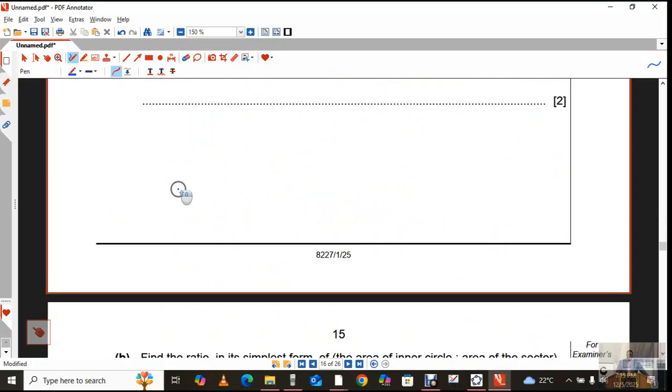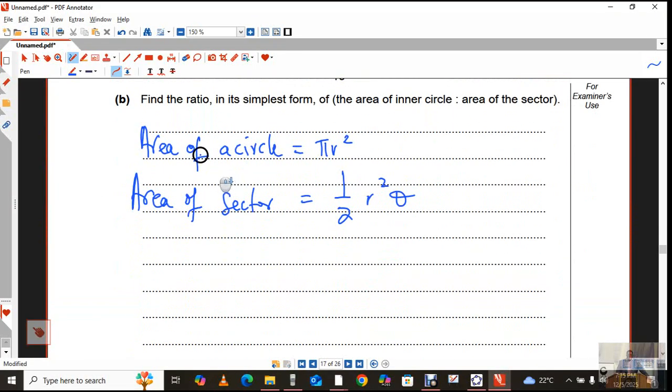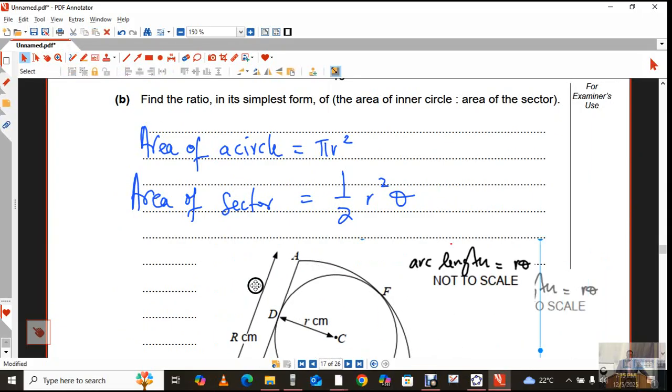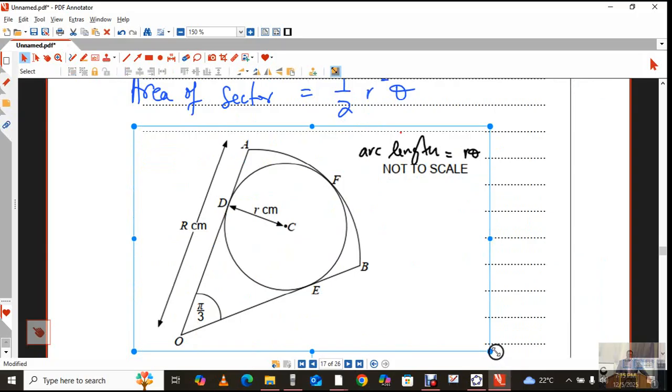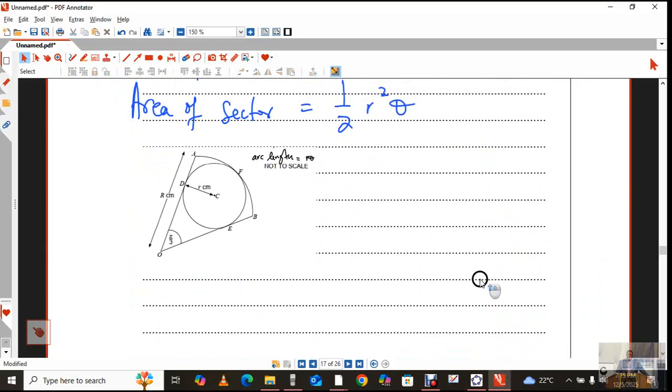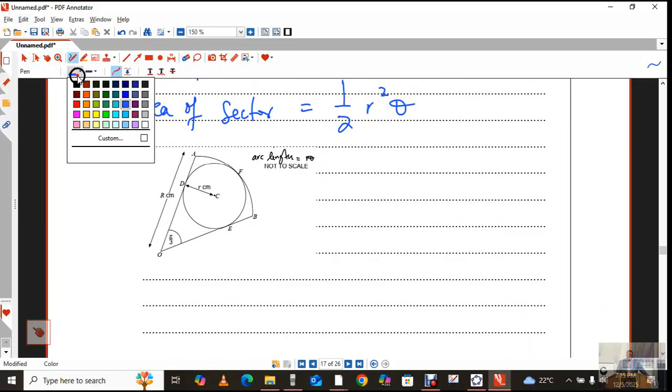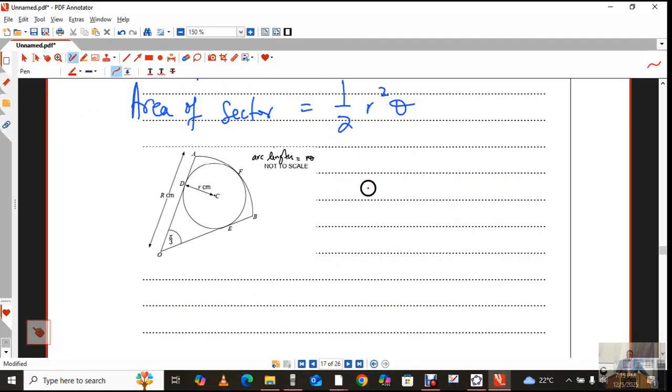So the area of the circle is pi small r squared. Compare that to the area of the sector.